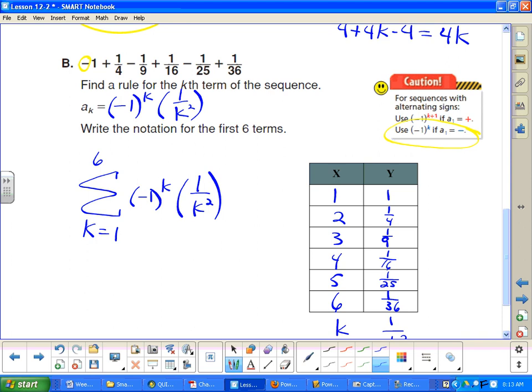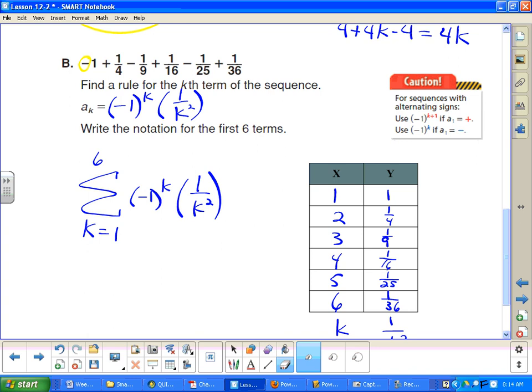To where if we use the k plus 1, whenever I had an odd term number, it would make the k plus 1 even. Does that make sense? Because if I put 1 in here for k plus 1, I'd have negative 1 squared, which is a positive 1.